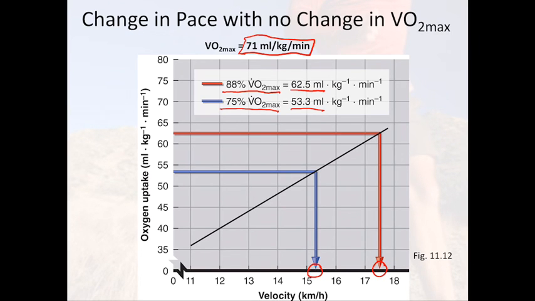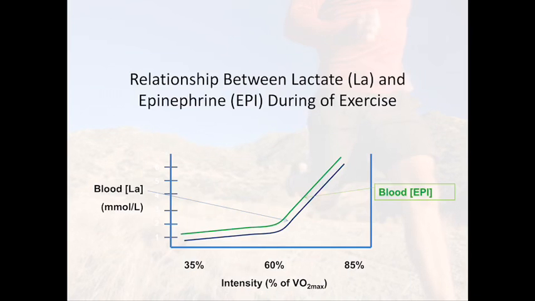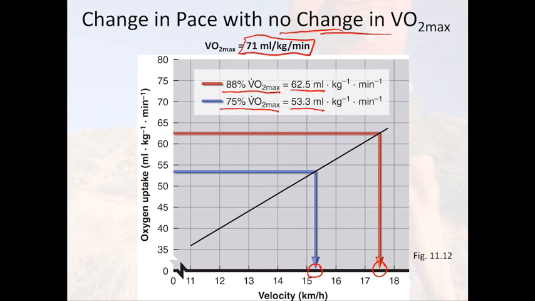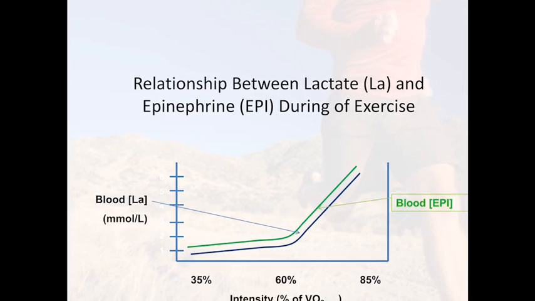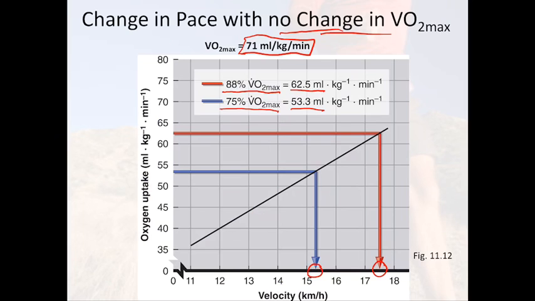So with no change in VO2 max, but a change in maximal sustainable VO2, we have a large increase in speed.